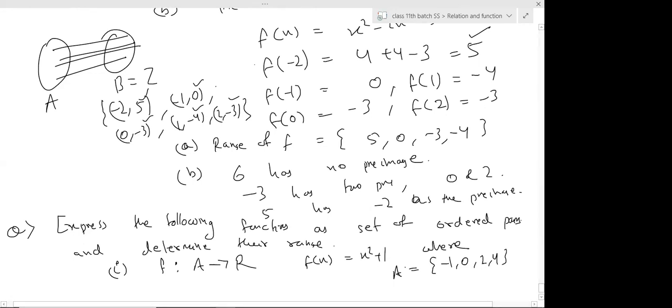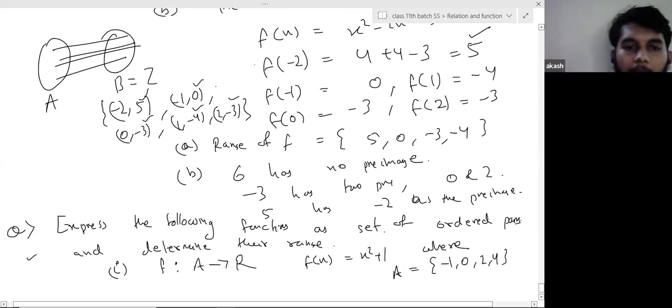All right, if you have noted that down, solve this question. Express the following functions as a set of ordered pairs and determine their range. The function is from A to R. Set A is given, R means real numbers. The function is given as x square plus 1.